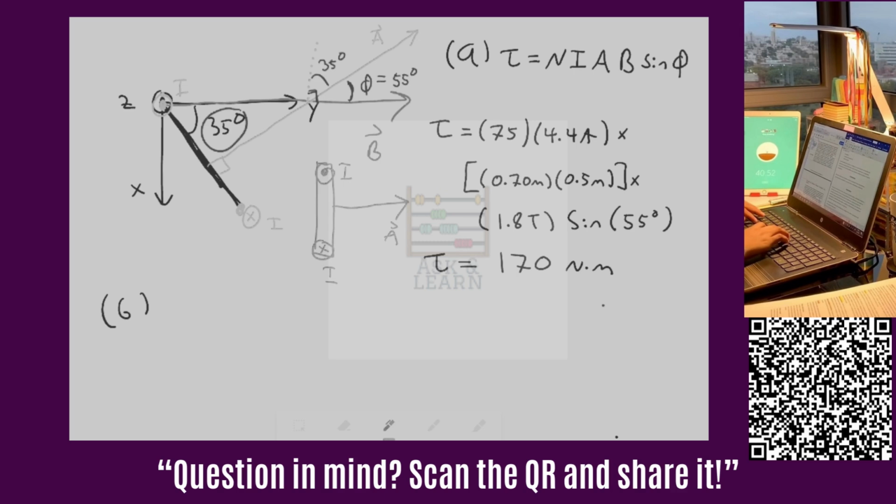So this coil is going to swing out such that it starts aligning along the x-axis. That means this 35-degree angle is going to be increasing so that the normal to this loop aligns with the external magnetic field. And those are our answers.